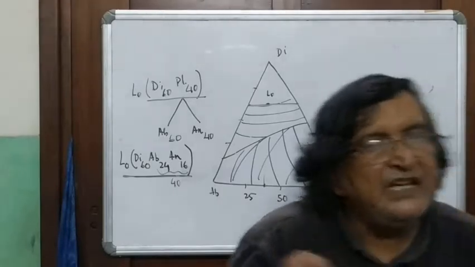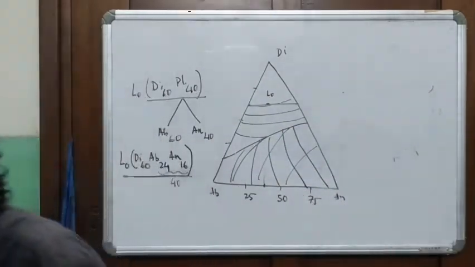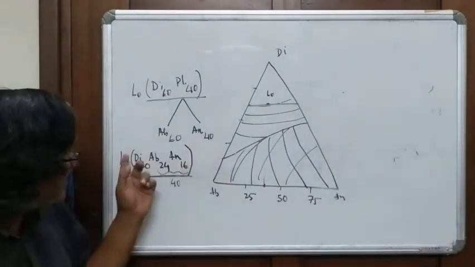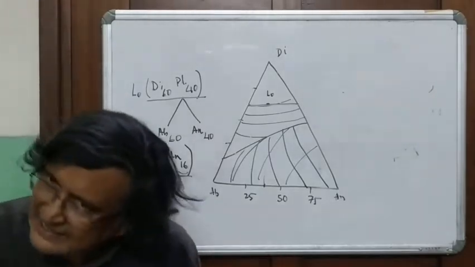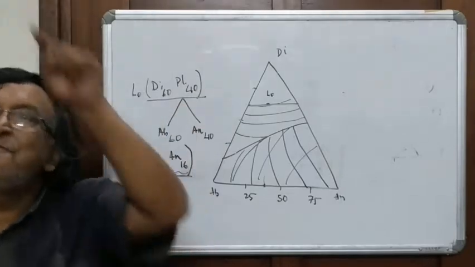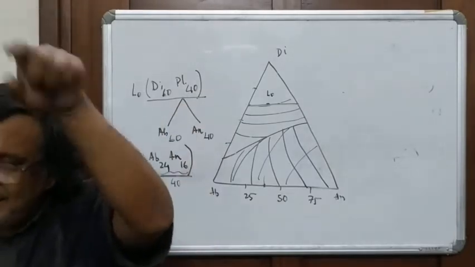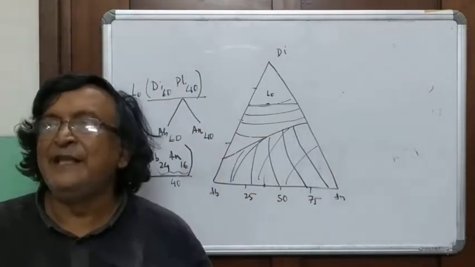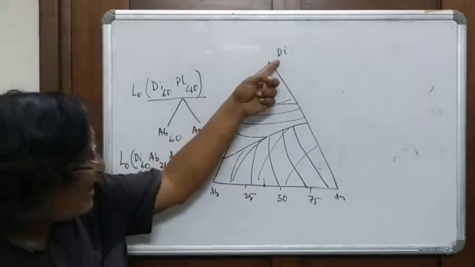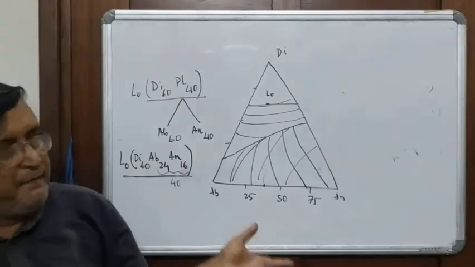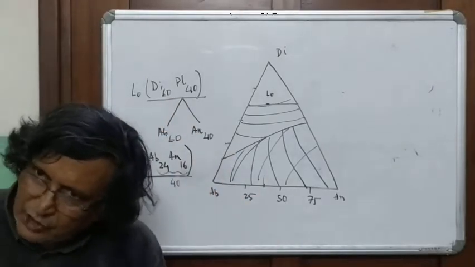Why? The melt has not crystallized anything. You can say, but you have written diopside, and the melt does not crystallize diopside either. I said, yes, correct. But diopside is a component in the melt. So I have no option, because if it crystallizes, it's also diopside.